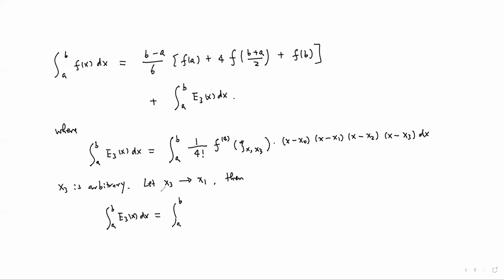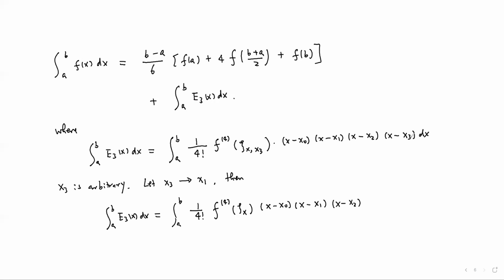Now take the limit on both sides. Then we get, okay, x3 now gets closer and closer to x1. So the sign only depends on x, and also on x1, but x1 is a constant midpoint, so it only depends on x. (x minus x1), (x minus x2).